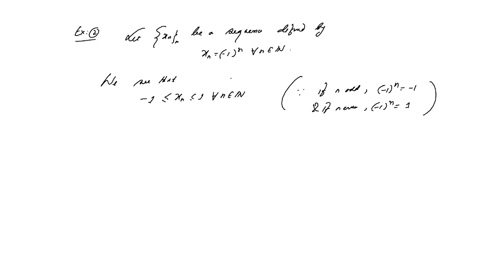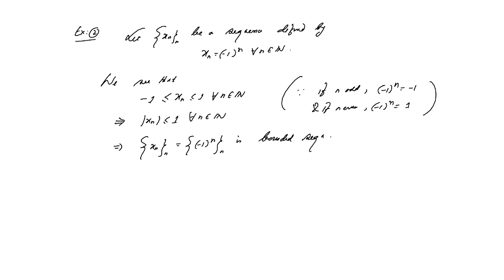So only two numbers belong to the range of the sequence. So the xn range is minus 1 to 1. That means we can write mod of xn less than or equal to 1 for all n belongs to natural number. And hence we can conclude the sequence xn, that means minus 1 whole to the power n, is a bounded sequence.